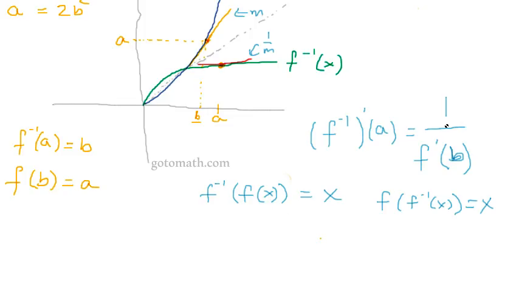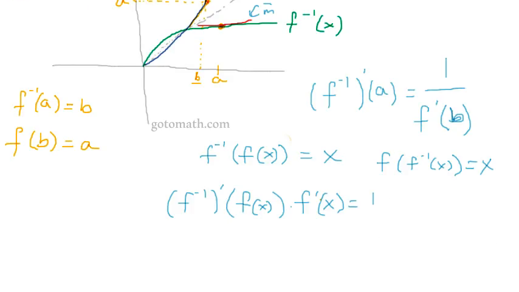But where we actually come up with this formula right here is by taking the derivative of this guy, and you're going to be doing the chain rule. So it's f inverse prime of f of x, and then chaining this out, f prime of x, is equal to, and the derivative of x is 1.